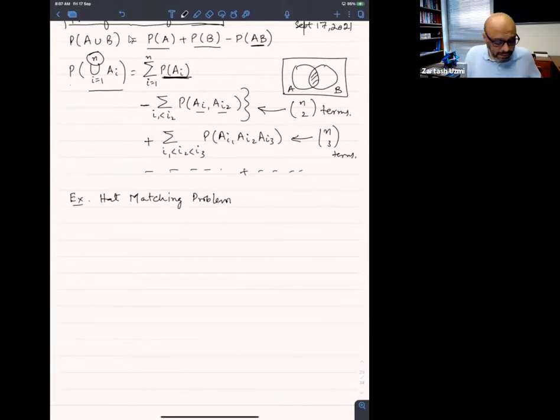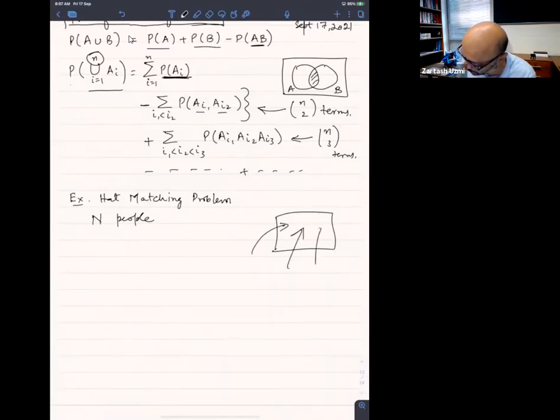The hat matching problem in its simplest form would be that, let's say you have n people, each of whom has a hat, and they throw their hats into a mix. There is a pool, and they just put all of their hats into this pool, all mixed together in a box.